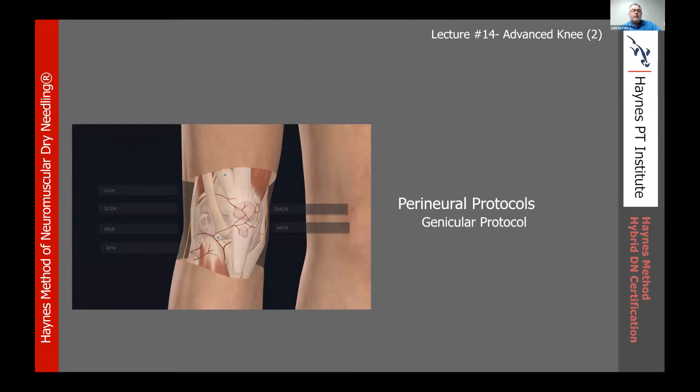Here we're definitely dealing with 6 different nerves around the knee that provide sensory innervation to that area, or input to the brain about the function of the knee joint. Usually the genicular protocol is not my first option. I may look at some general muscle issues, some inflammation, but for the genicular protocol, I do want to target directly all of the nerves involved.